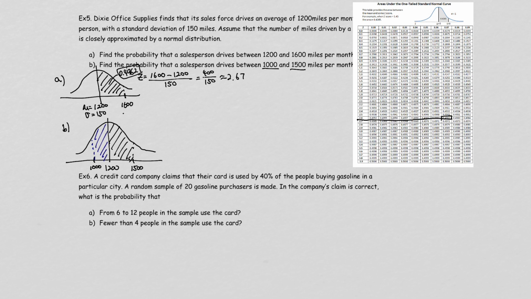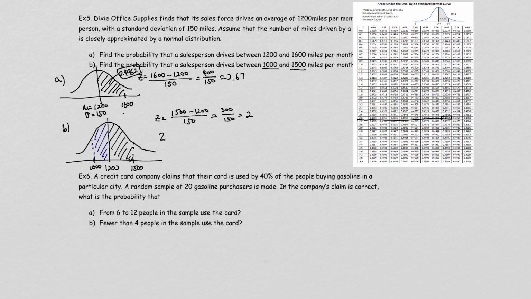Let's find the z-score for both. The z-score for 1,500: 1,500 minus the mean, divided by the standard deviation, you get 300 divided by 150, which is 2.